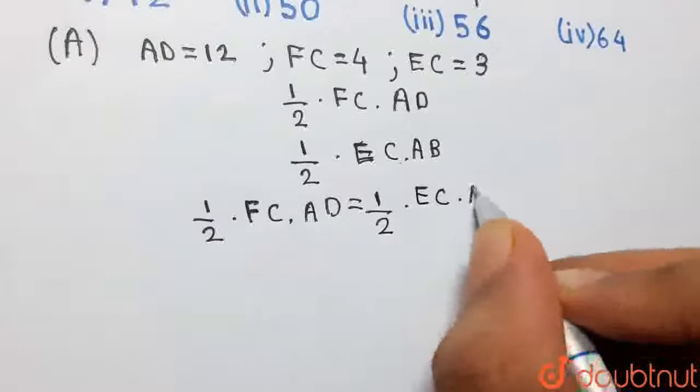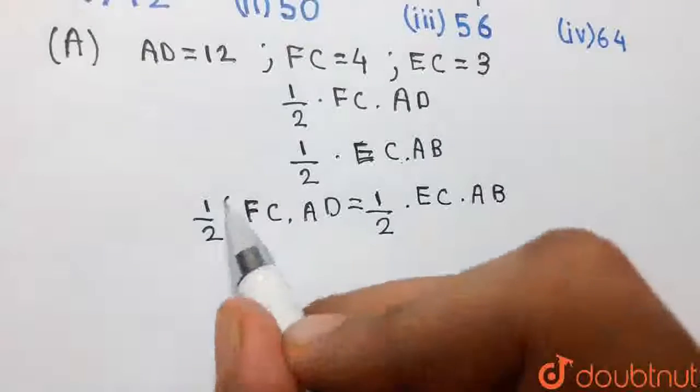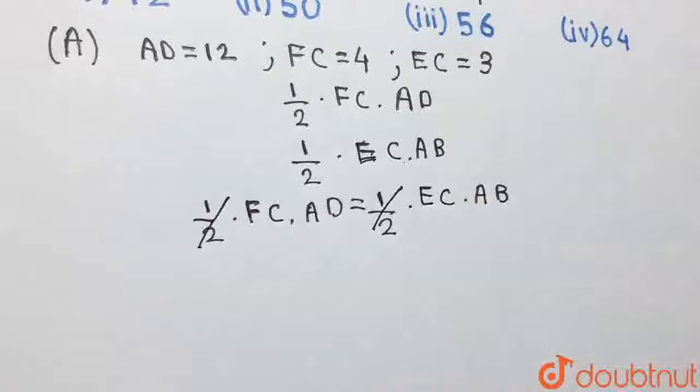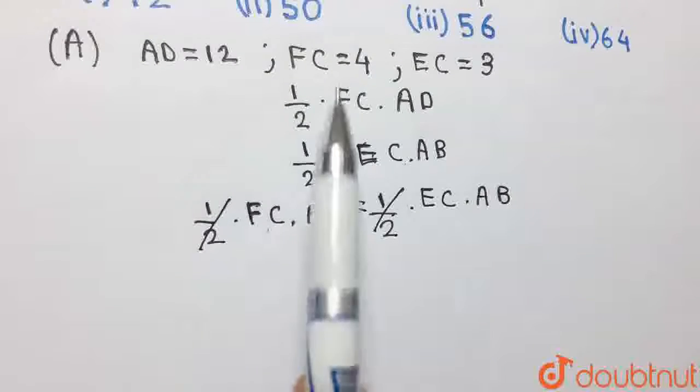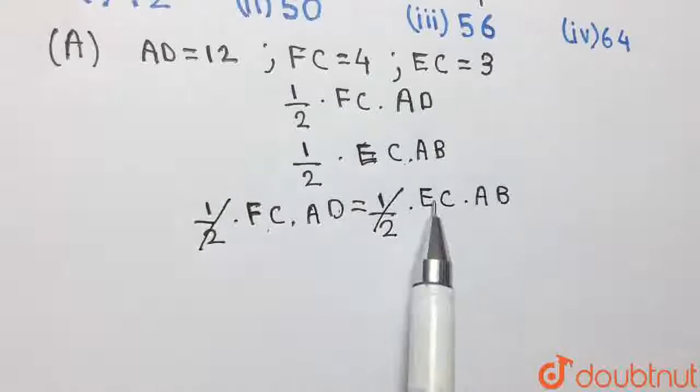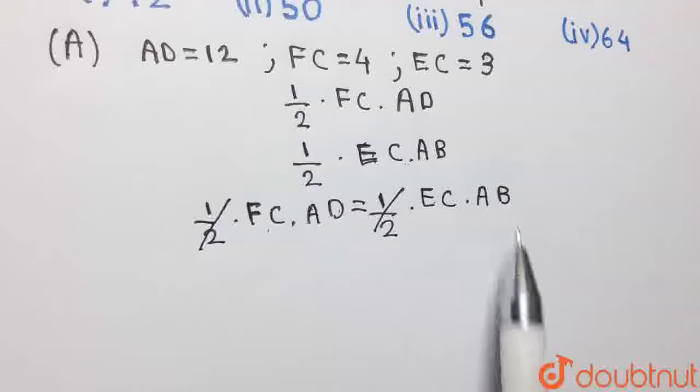Now in this equation we can observe that half obviously cancels out, and the numeric values of the lengths of FC, AD and EC have been given to us in the question. So substituting these values we can find the value of AB.